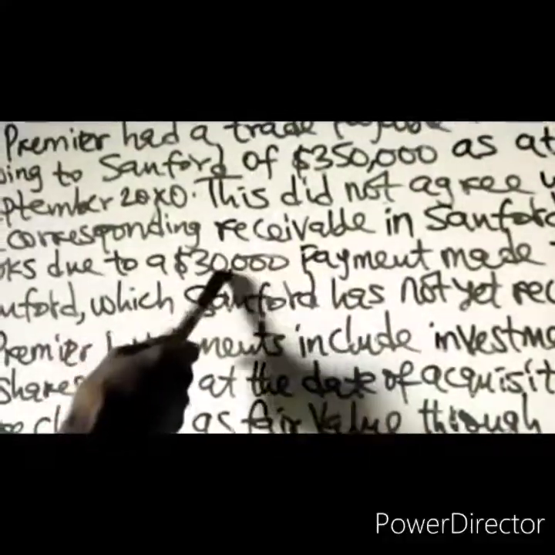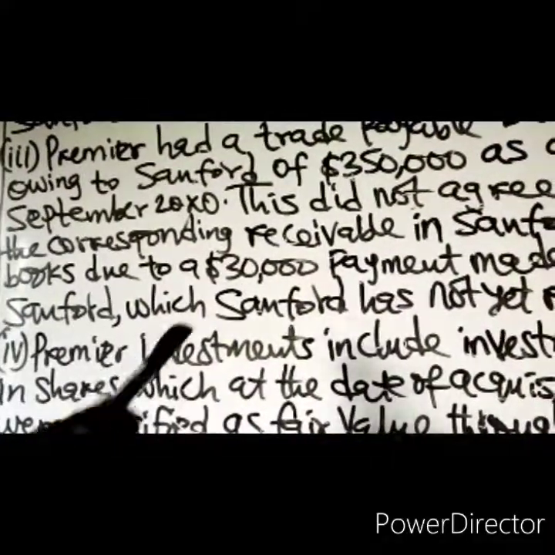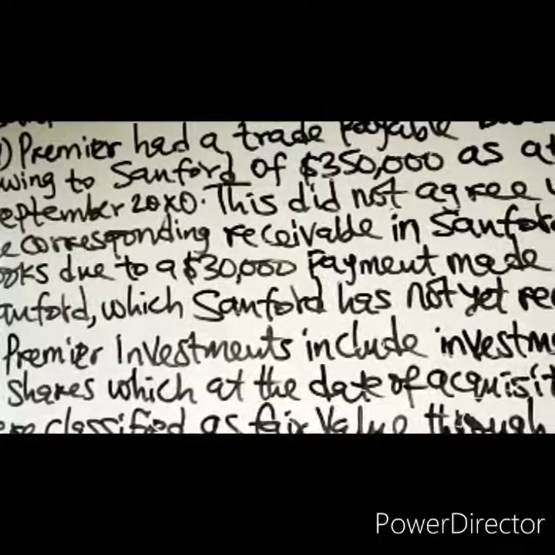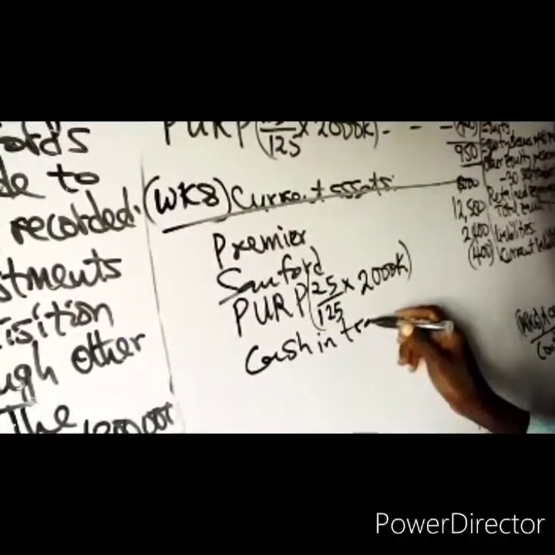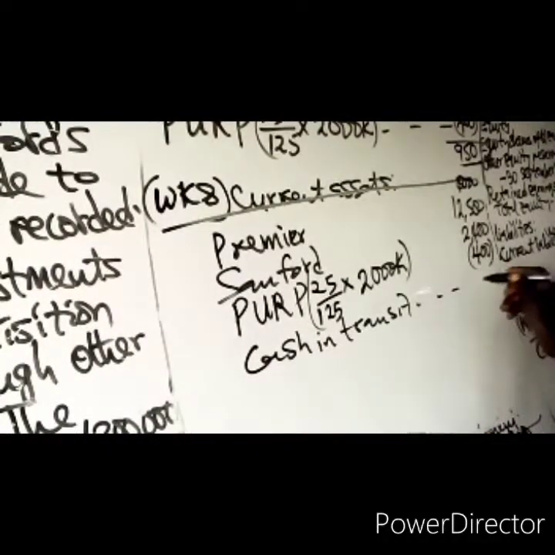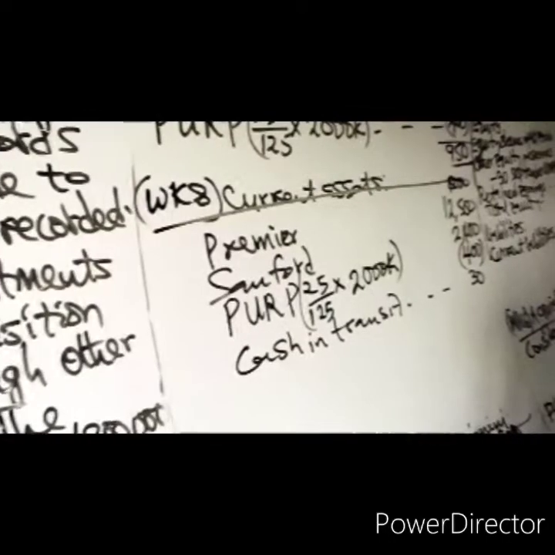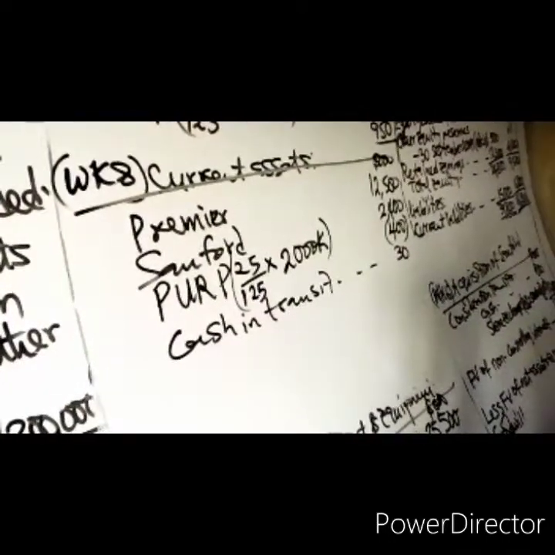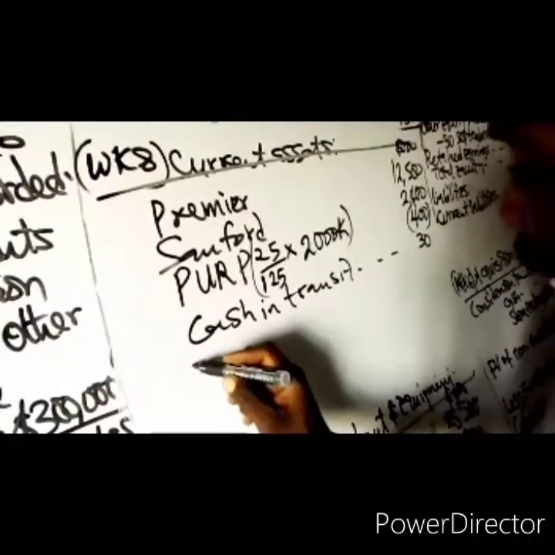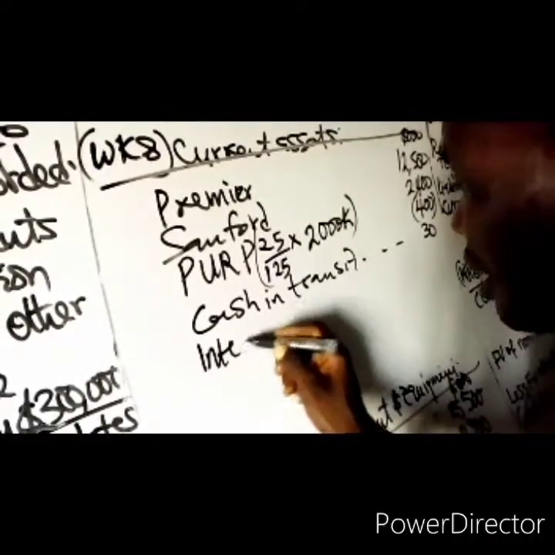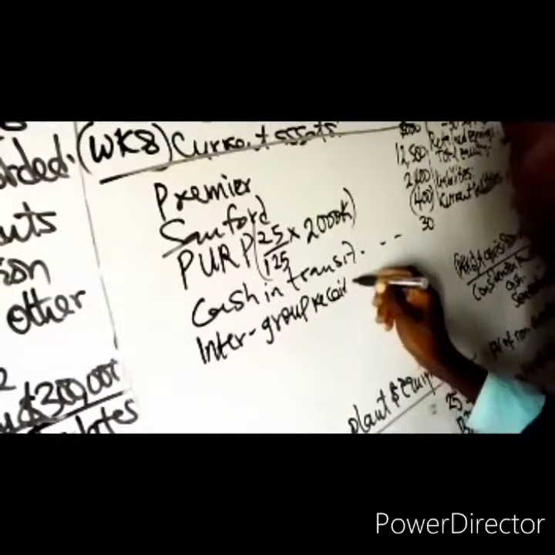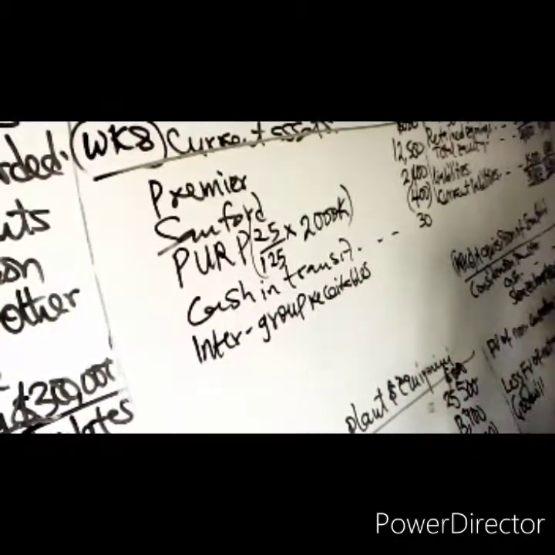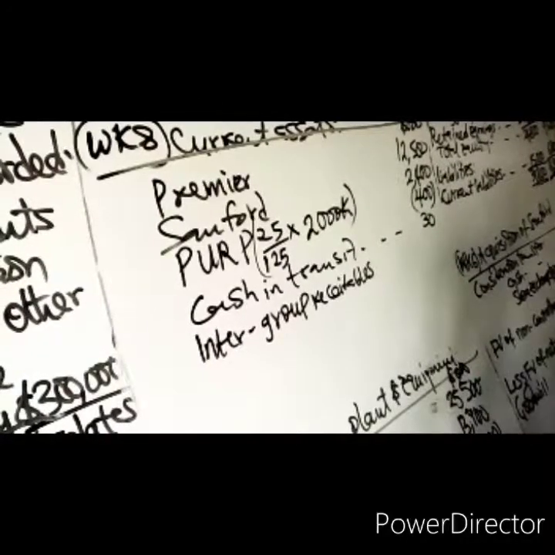So we have a payment of $30,000 which was in transit. That is cash in transit of $30,000. That will be added to consolidated cash. Then this is a current asset. Then you are going to eliminate the intergroup receivables. We are going to remove it from the current assets.